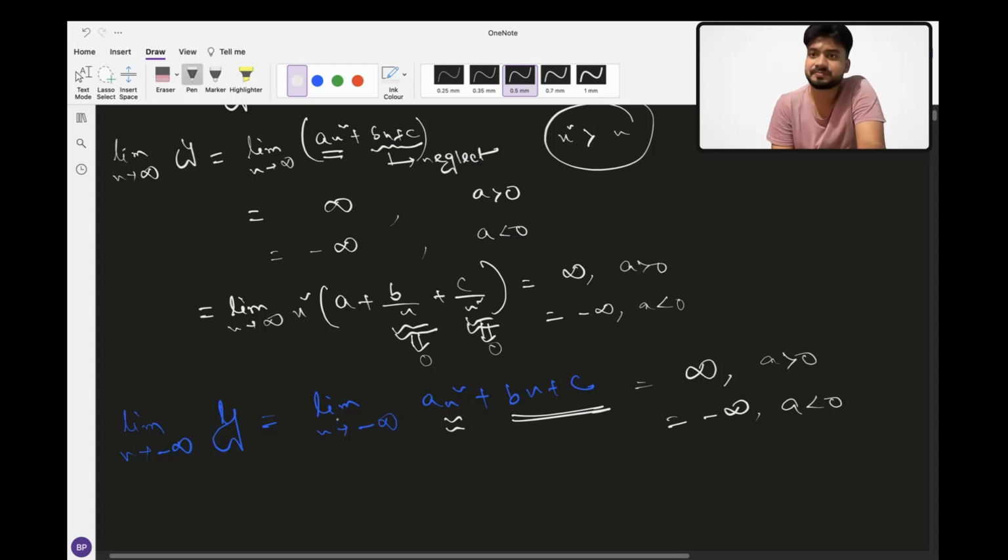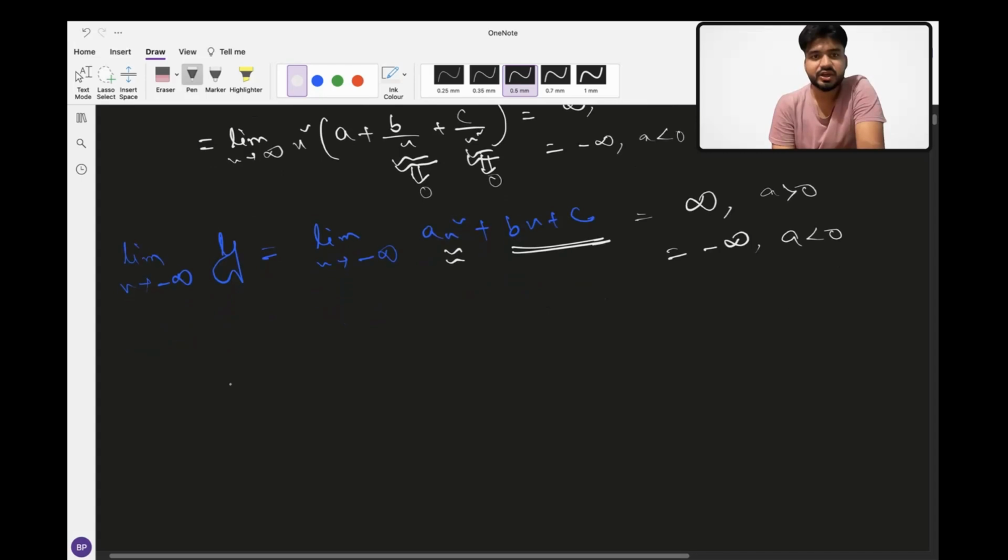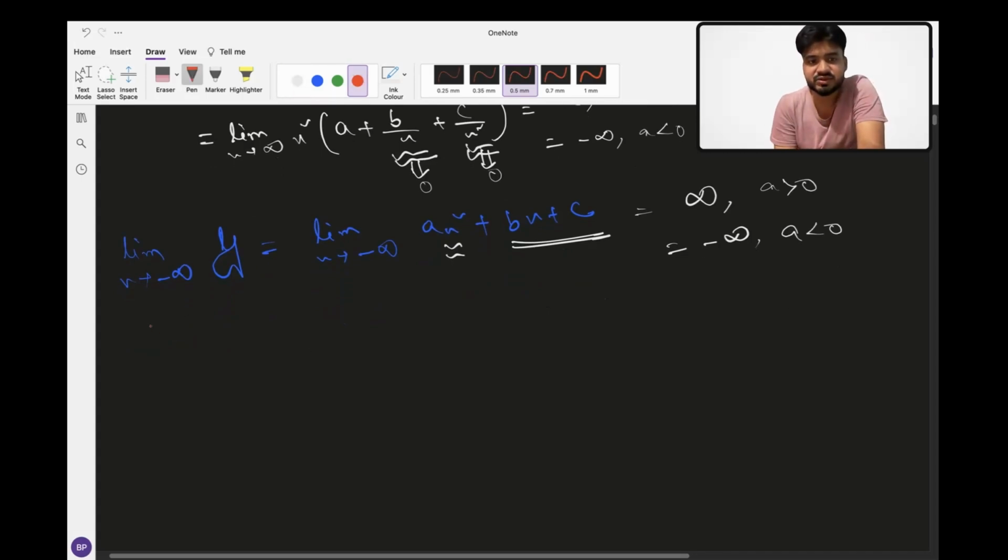Yes or no? You can see it this way also. When the value of a is positive, it will go to infinity, and when the value of a is negative, it will go to minus infinity because it has x square. So x tends to infinity or x tends to minus infinity, it's the same. Yes or no?